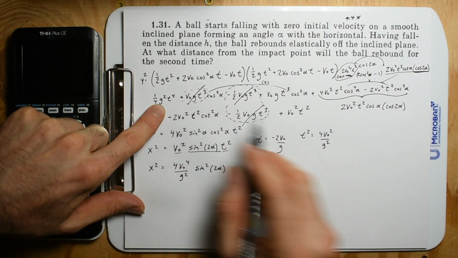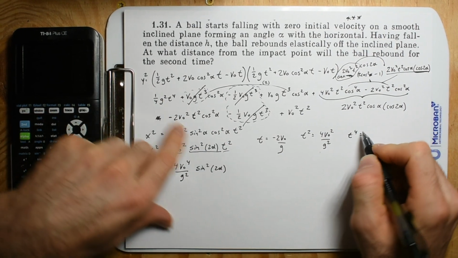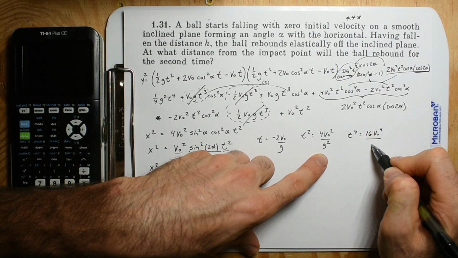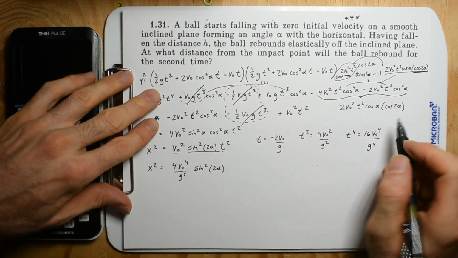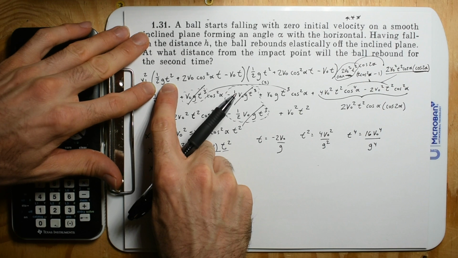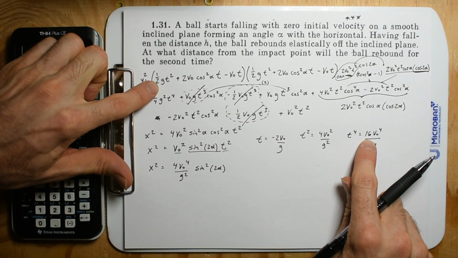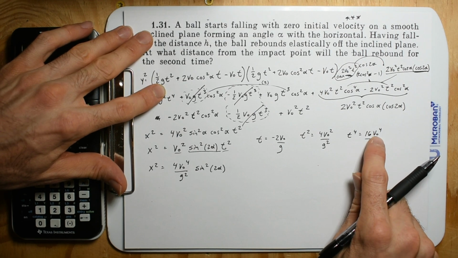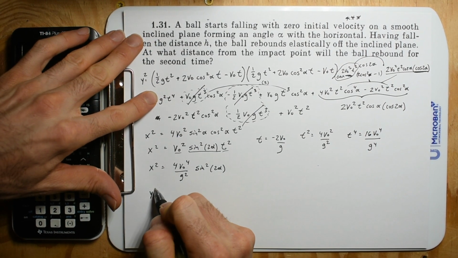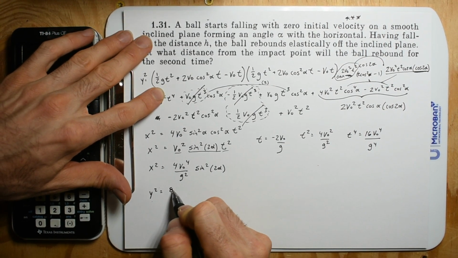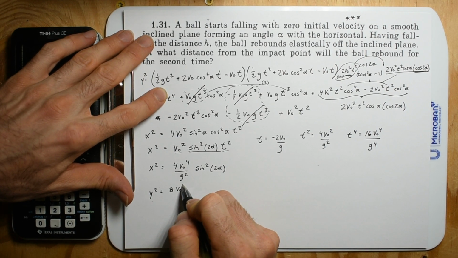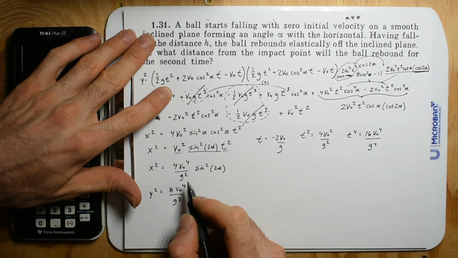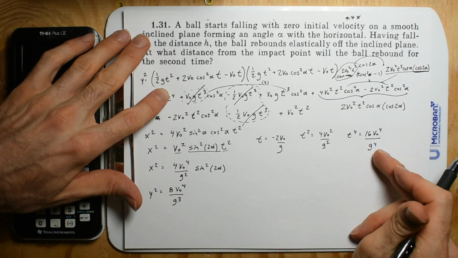So t to the 4th is going to be 16 v naught to the 4th divided by g to the 4th. Cool. So if we throw that in, we're going to have 8, because 16 divided by 2 is 8. We're going to have g cubed up top, and then v naught to the 4th. So we got y squared is equal to 8 v naught to the 4th divided by g cubed, and that one's good to go.